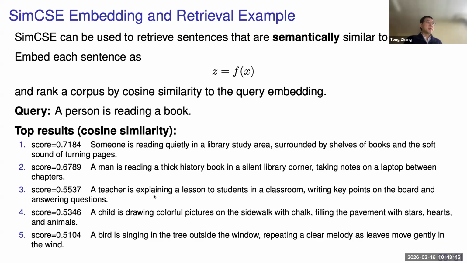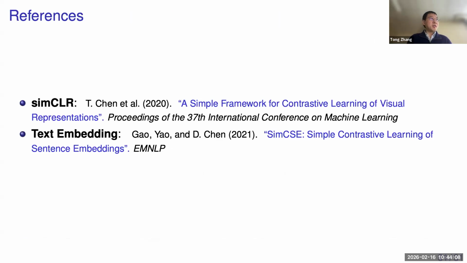This one, even though there's no book involved, is closer to reading a book. And these are closer and gradually become less close, right? So it's a small made up corpus. You can take a look, and this is kind of effective. Finally, I think that's all.